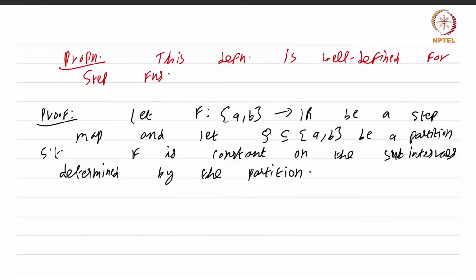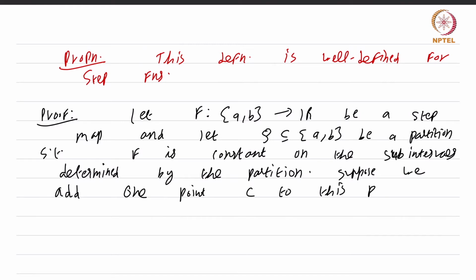Well, what we are going to do is, suppose we add one point c to this partition. Now I'm going to show that when you add this one point, the integral is not going to change.